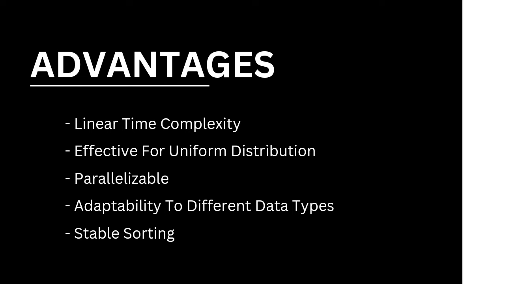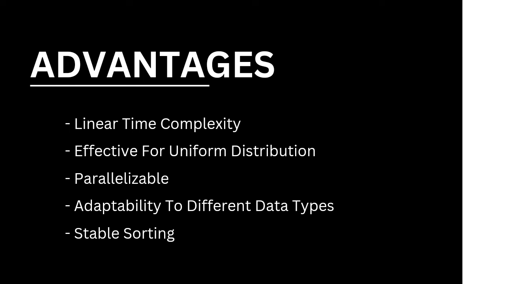Then there is adaptability to different data types. It is really flexible when working with integers, floating point numbers, strings, everything. Then stable sorting: if the underlying sorting algorithm used in each bucket is stable, the overall bucket sort will also be stable.